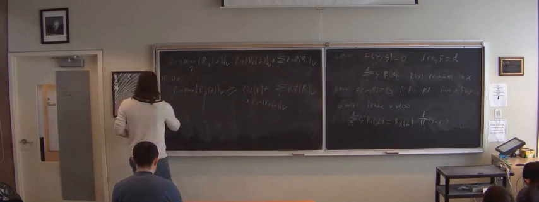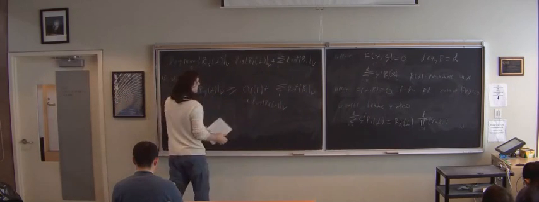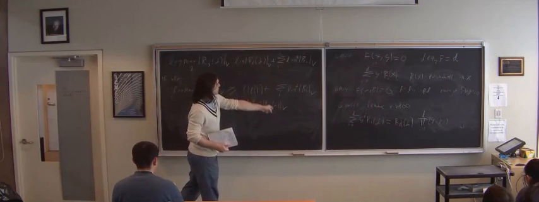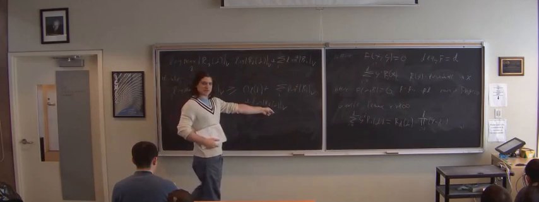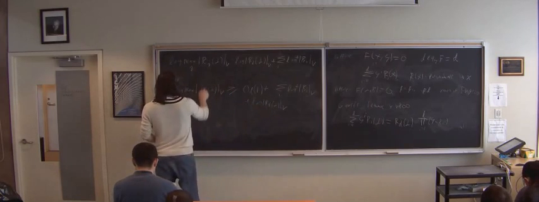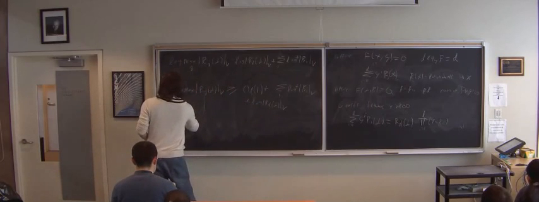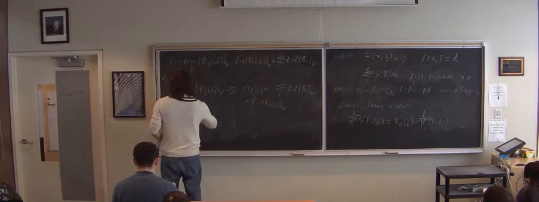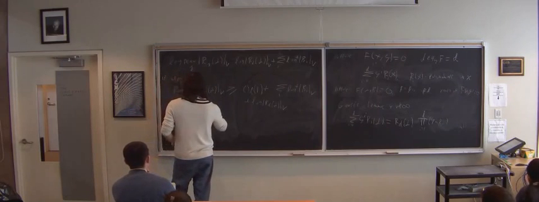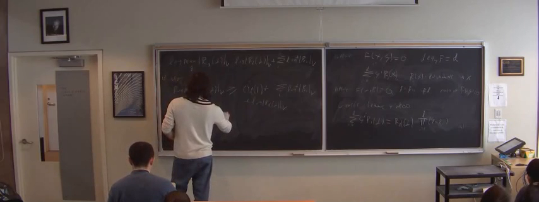So then if you sum up all of these guys, this gives you 0 by the product formula. If you sum up all the valuations of something, you get 0. And over here, we get the sum over all v of log max R_j of alpha.